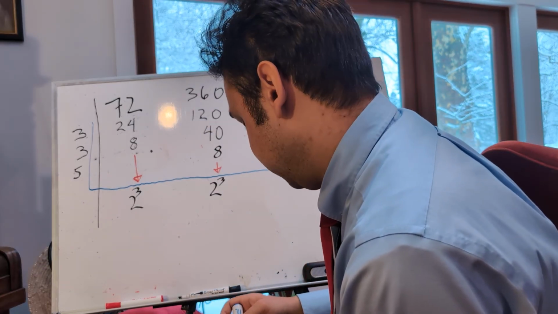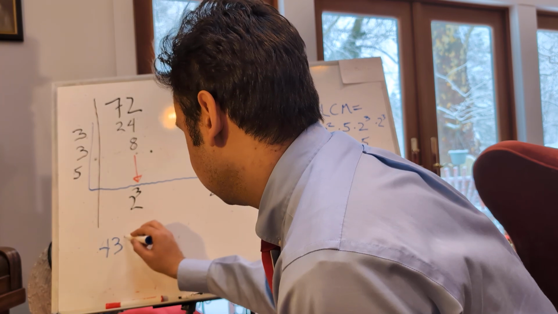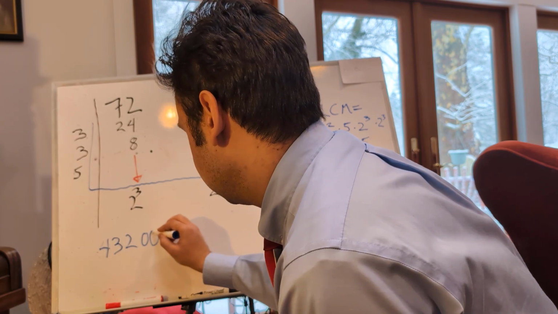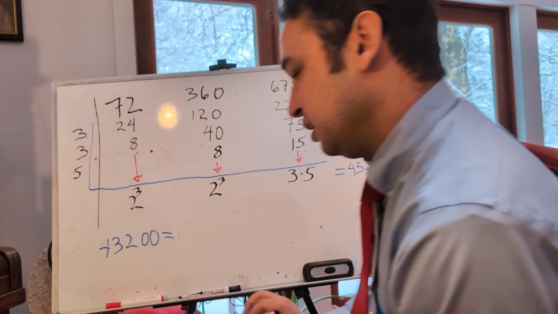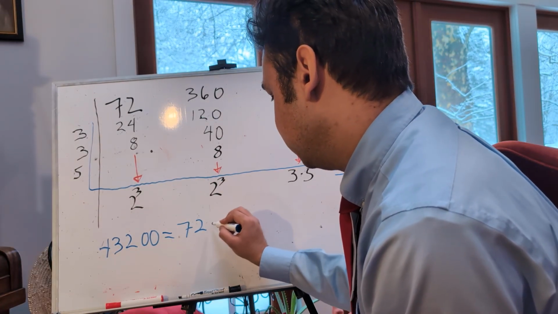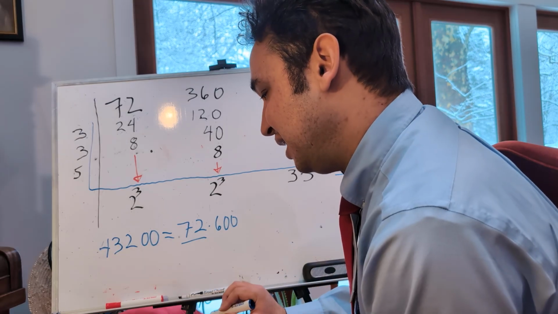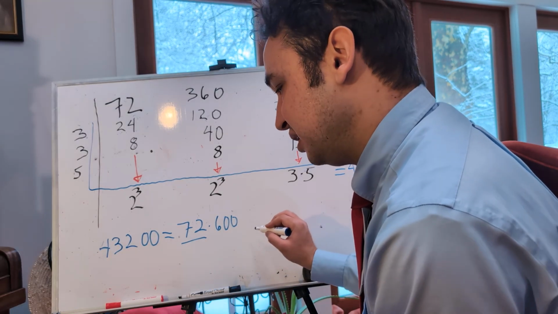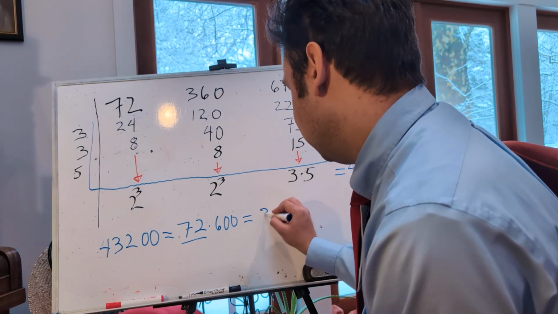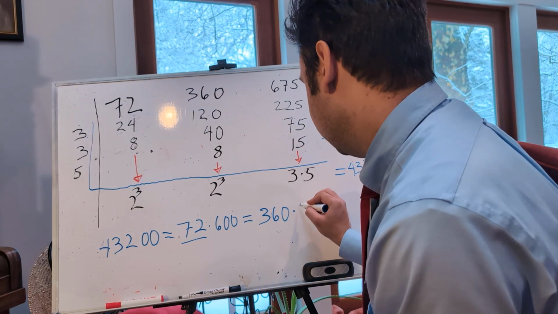Let's see, I'll use another color. I'll keep it in blue. Equals 72 times 600. It also equals 360 times 120.